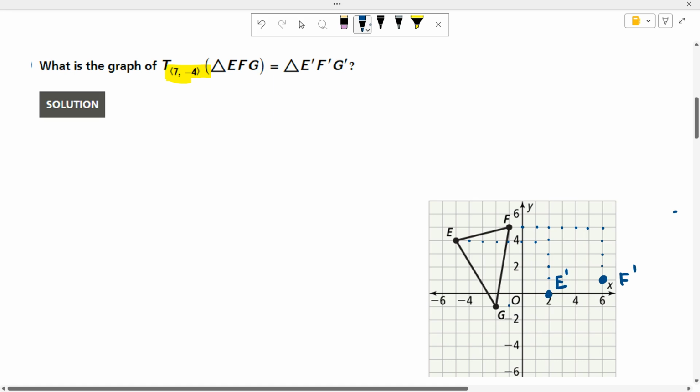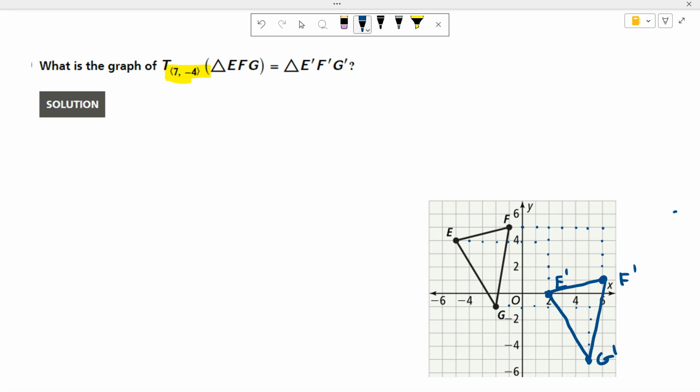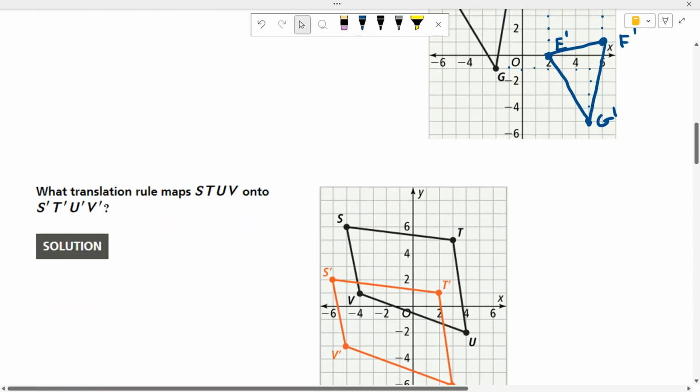G 1, 2, 3, 4, 5, 6, 7, 1, 2, 3, 4. G prime. Same shape, same size, just in a different location. We just moved every point the same direction and the same amount.